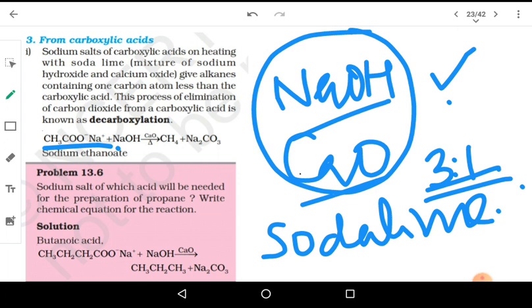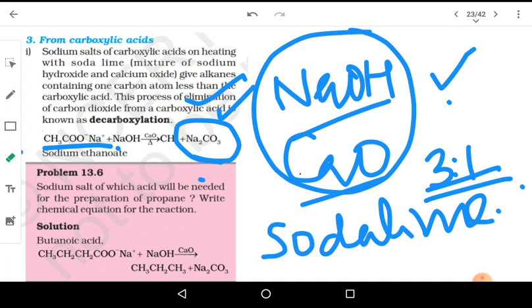Now, when we are reacting, it is decarboxylation. Always remember, D means removal. So, decarboxylation means there is removal of one carbon dioxide, or we can say one carbon molecule, and that is moving out as Na2CO3 over here. Usually, we can take it as one carbon containing compound is moving out. It can be either carbon dioxide or any other compounds like Na2CO3.